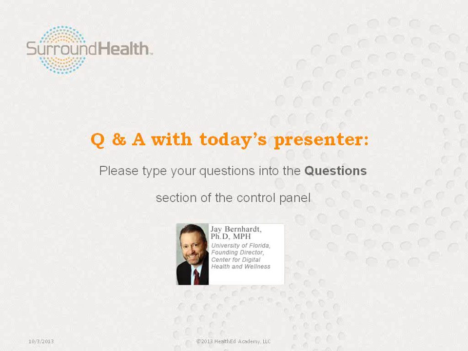Great, thank you. We also have a question around one-way versus two-way text messages. So if a program is only doing one-way text messages, can they increase member engagement with that, and how would you measure the results? Sure, absolutely. And I want to caution that the findings on this are still fairly early.